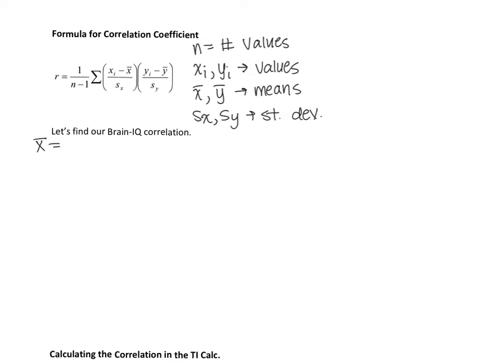The mean for our brain, because brain was our explanatory variable, was 95.17. The mean for the IQ is 108. The standard deviation for the brain was 6.77, and the standard deviation for IQ is 24.29.